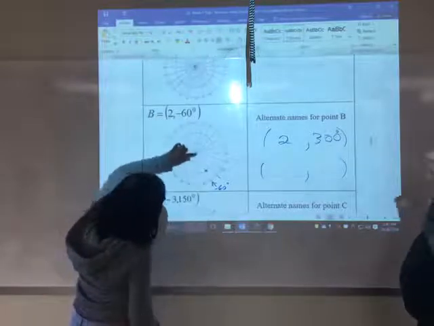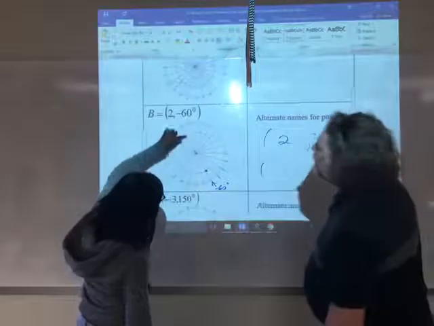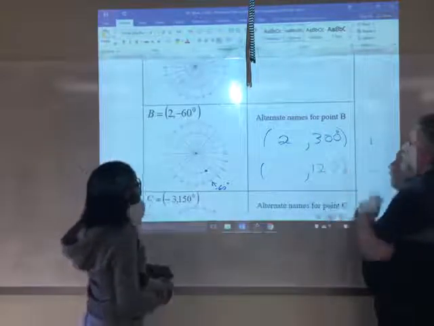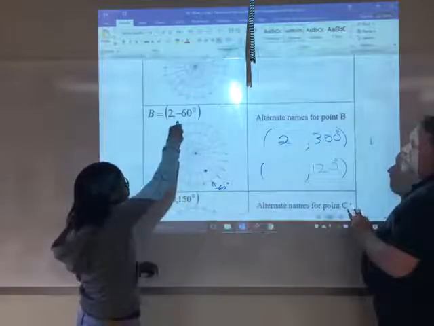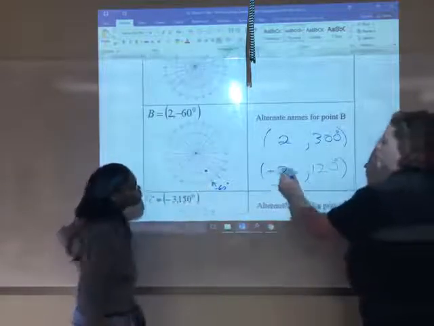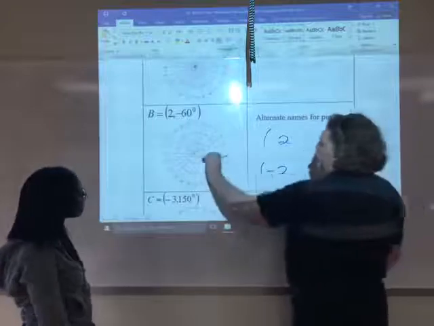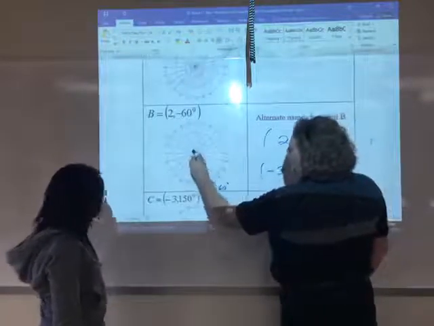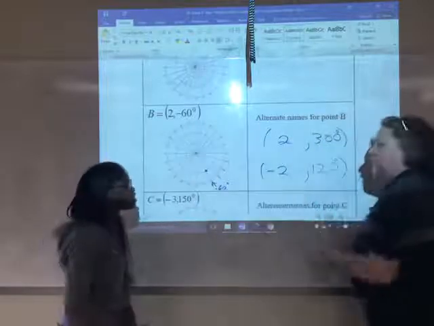I think that's 120. Yes, 120. So you can go 120 degrees and then go negative 2. So let me see if I understand correctly. You want me to go around to positive 120 and then go in the opposite direction, 1, 2. Hey, that does the job.